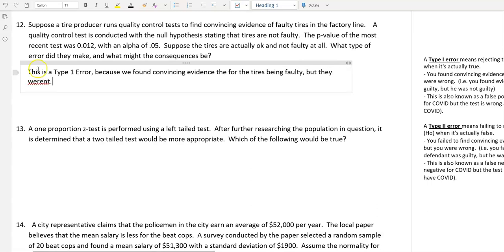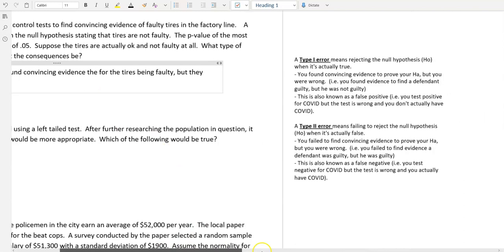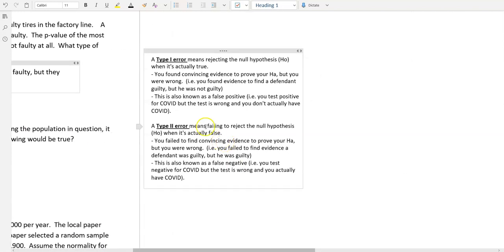So this is called a type 1 error, when you find convincing evidence of something but you were wrong. Let me give you a couple more examples of this. You might want to pause this and write this down, but I'm going to go through it now. You found convincing evidence but you were wrong.